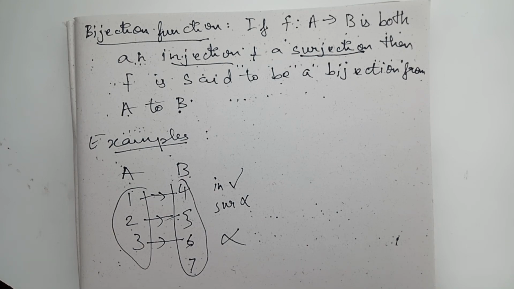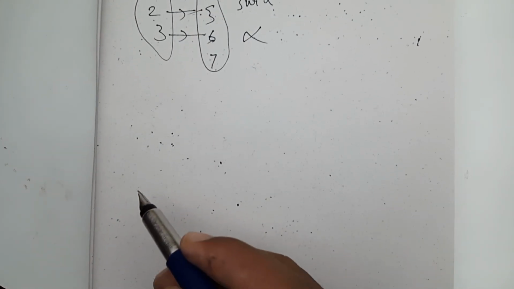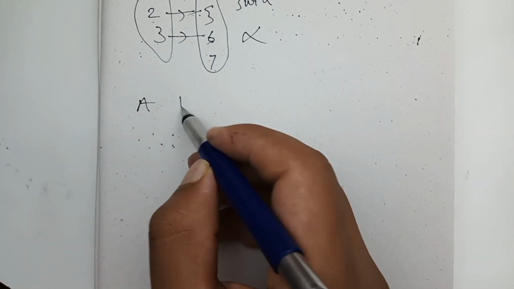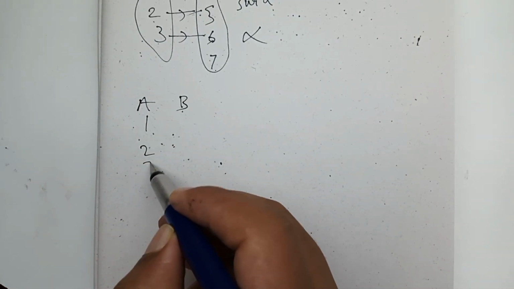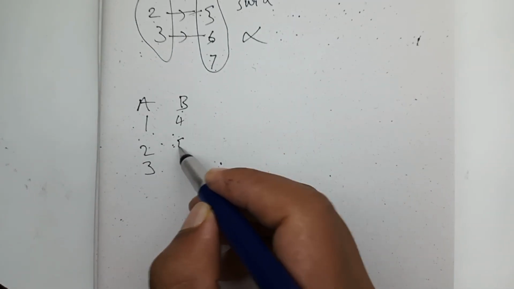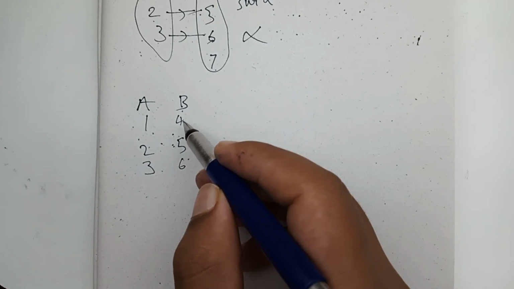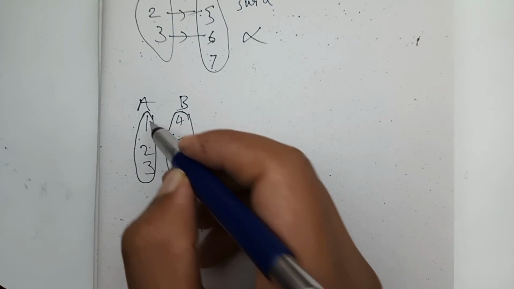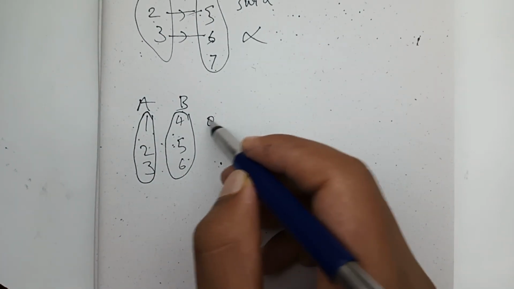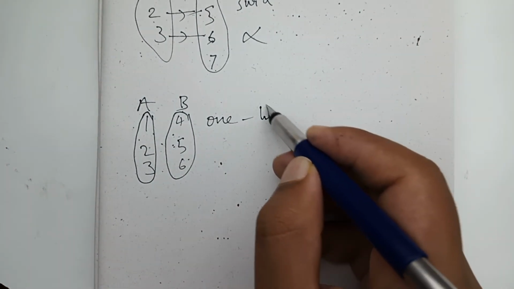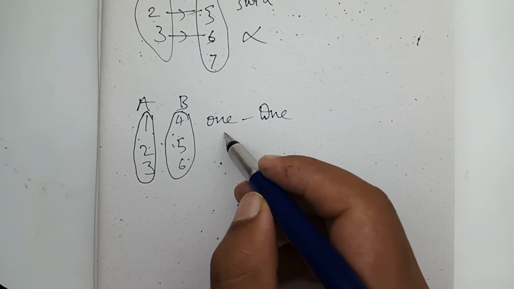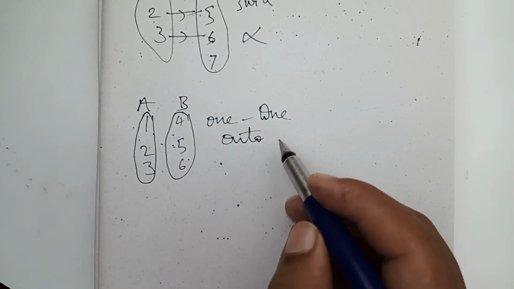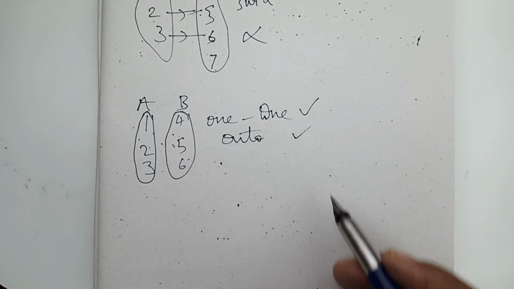The second example, A, B, 1 2 3 4 5 6. One to one and onto. These both are correct.